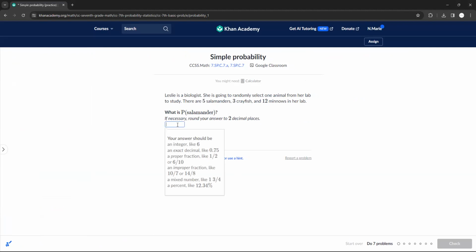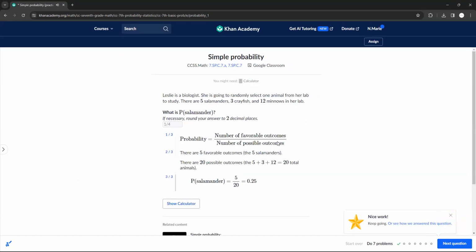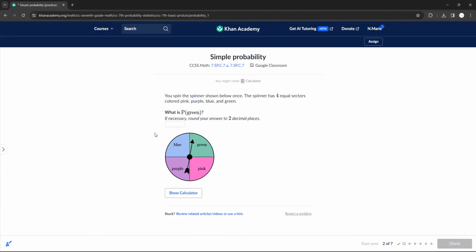And how many are total? 8 plus 12. So there's 5 out of 20. These are pretty easy to do.